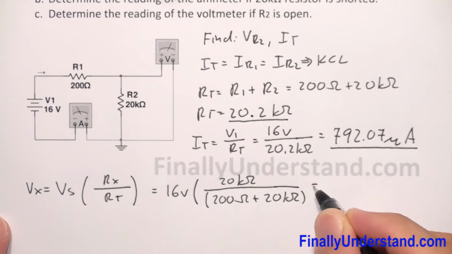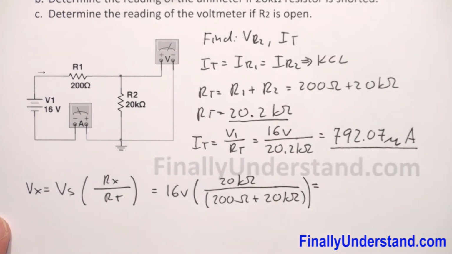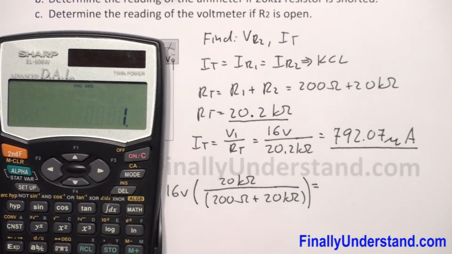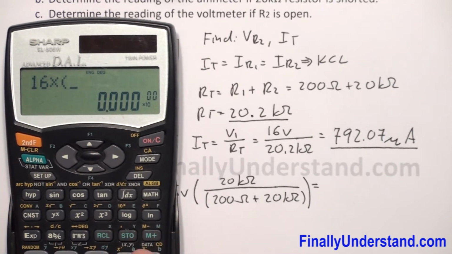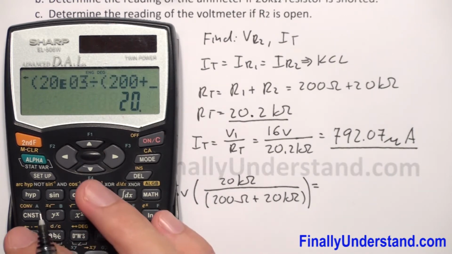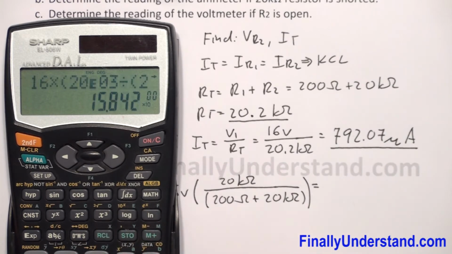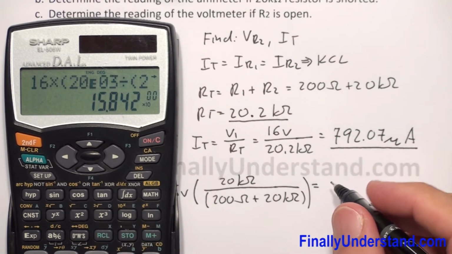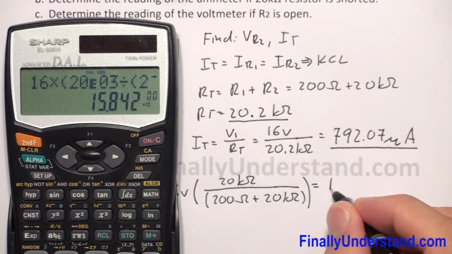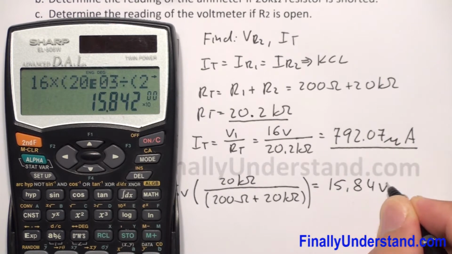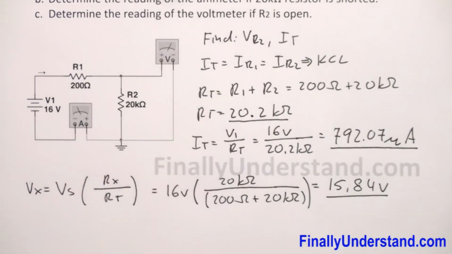On the calculator, I write 16 times open parenthesis 20 exponent 3 divided by open parenthesis 200 plus 20 exponent 3, close parenthesis. This is equal to 15.84 volts. So this is the voltage across resistor R2.